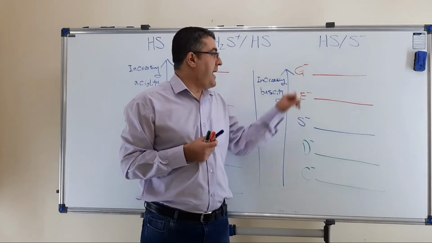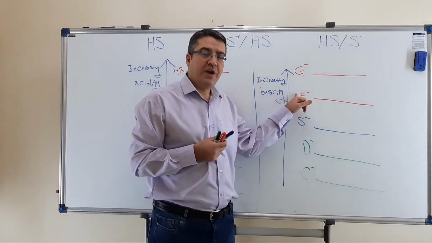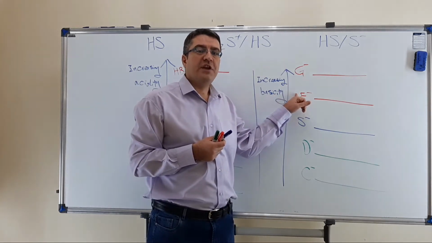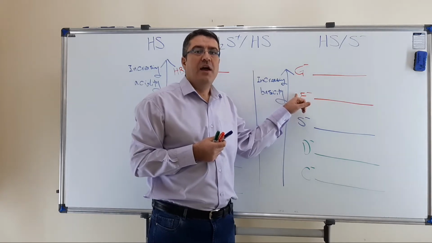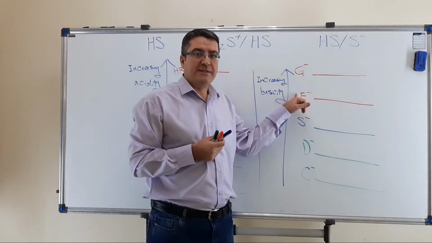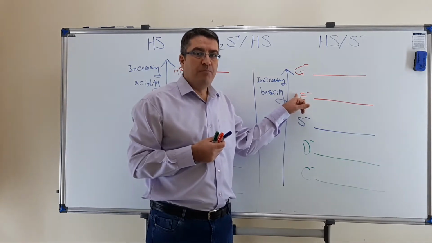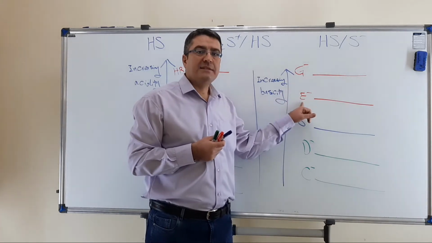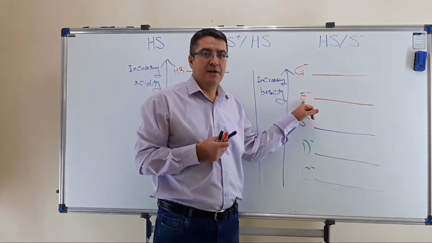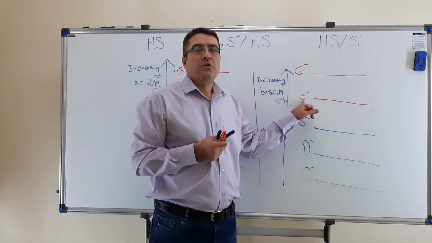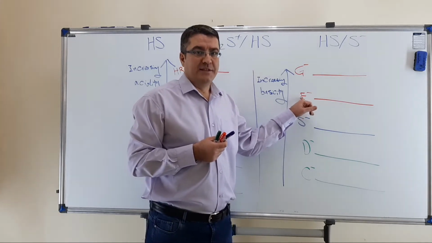Solutions of these bases at the same concentrations in the solvent HS will have the same basicities. The solvent HS will make these bases appear equally basic, appear to have equal basicities.